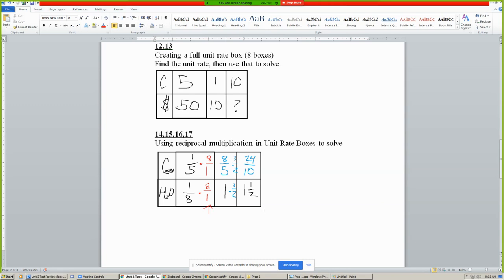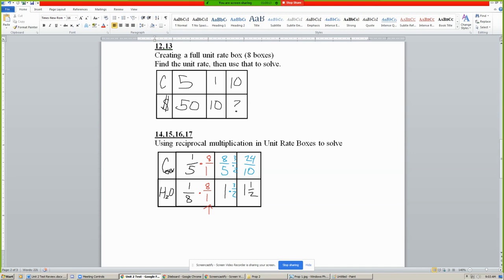Okay. And that's pretty true for 14, 15, 16, 17. Number 15 says Kelly's knitting a scarf. It took her blank hours to knit blank feet on the scarf. What's her unit rate in feet per hour? So you're just finding a unit rate. Number 16, Youssef typed a 36-word paragraph in a certain amount of time. What's his typing speed in words per hour?